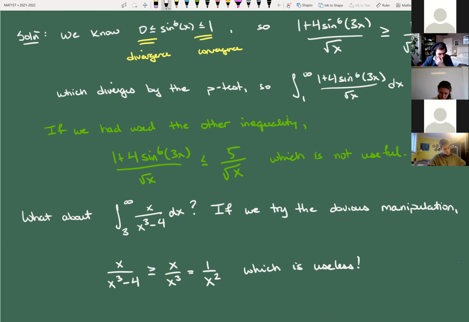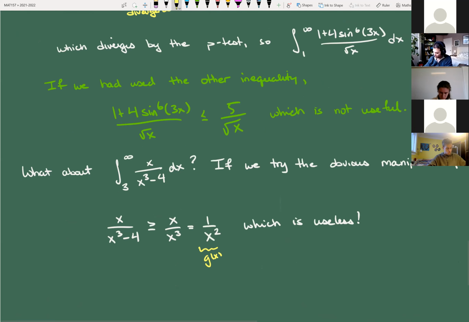Okay, so this is interesting. The problem here is that one of them is always bigger than the other, right? But it's 1 over x squared, which is always bigger than x over x cubed minus 4. Here's your g of x. And because it's always bigger, we can write f of x is smaller than g of x.